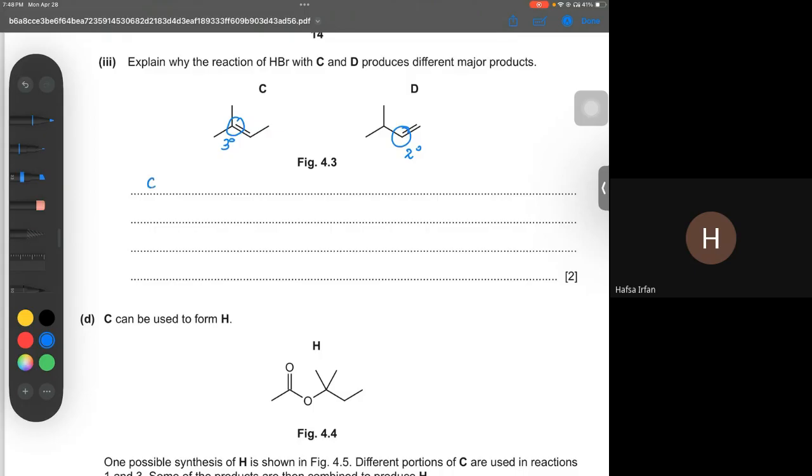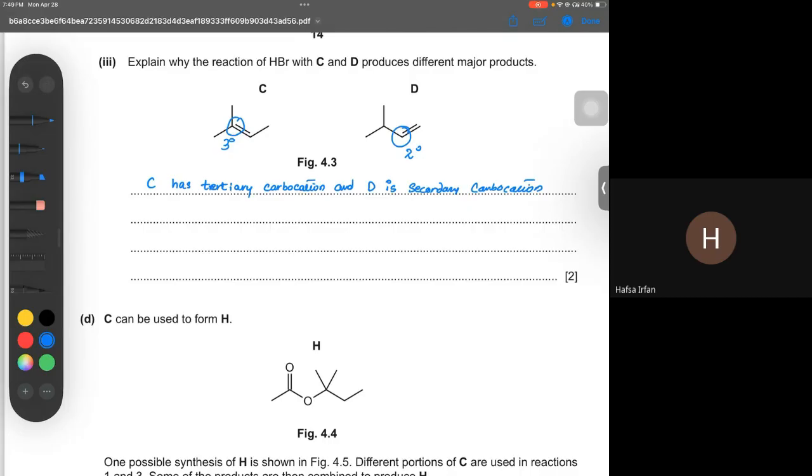So C has tertiary carbocation and D is carbocation.